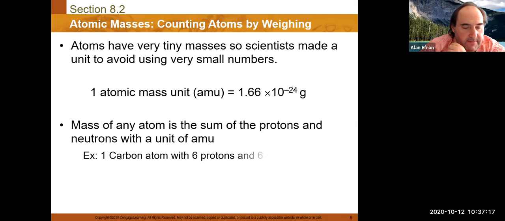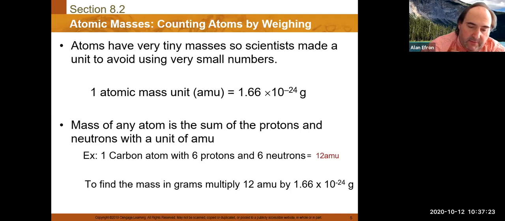So scientists took that really small number that we get when we add up all the protons and neutrons, 1.66 times 10 to the minus 24 grams, and called that an atomic mass unit. This converts those super small masses that we would have for atoms into a more usable unit.